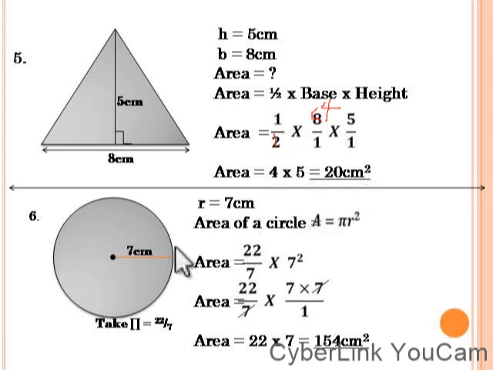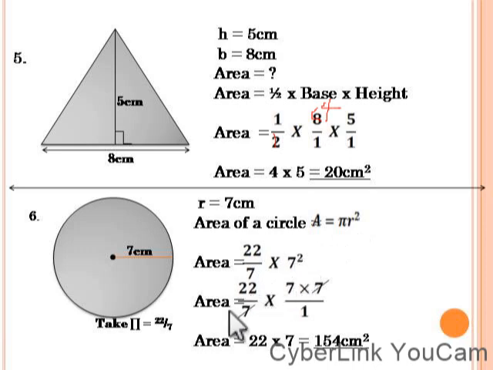Alright. Then for that of a circle, here we have a circle of radius 7 centimeters. And the area of a circle is what? Pi r squared. And remember that the value of our pi is 22 over 7. As we have it here, pi 22 over 7 times our radius, which is what? 7. And because our radius is squared, we have to square our 7.